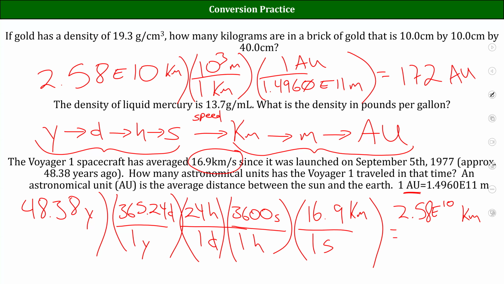So, and just also for context, Voyager 1 has traveled 172 AU since it left Earth 50 years ago.